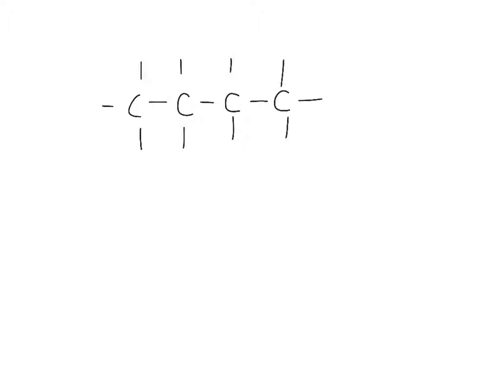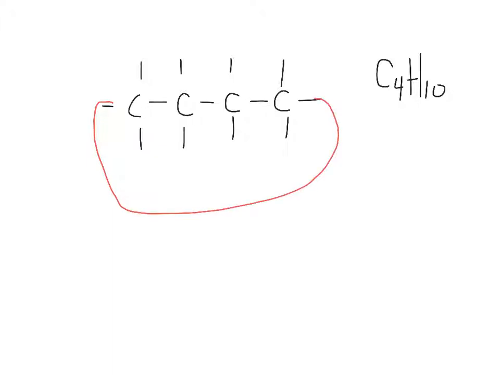So the formula for that is C4H10. To make that a cyclic compound, this has to now attach to this. Correct?